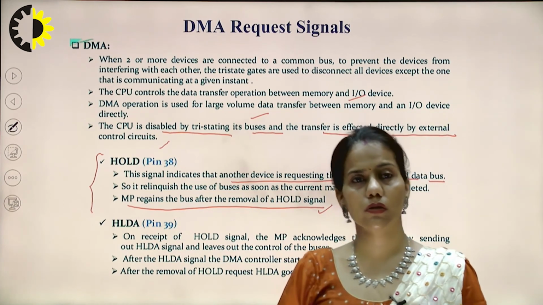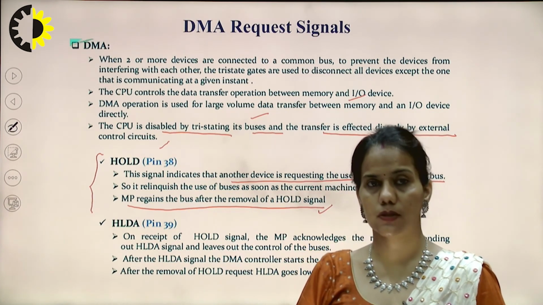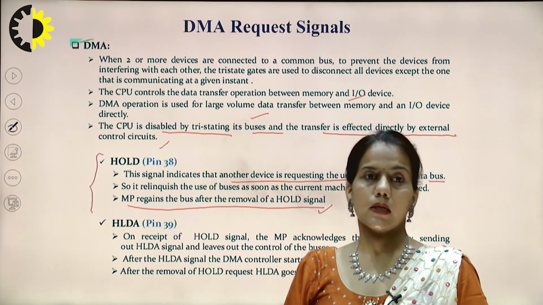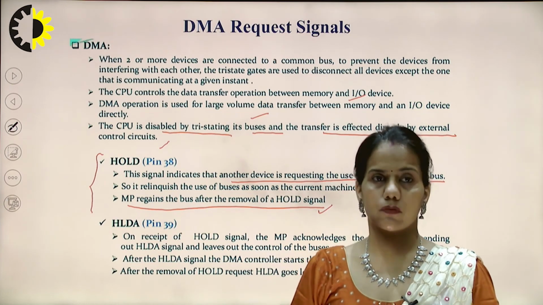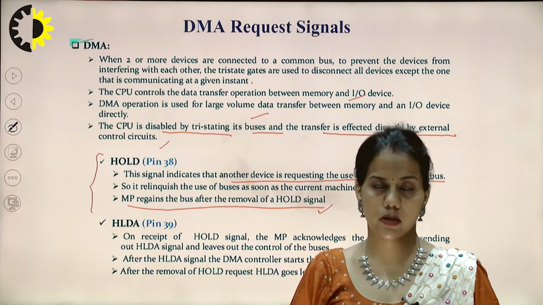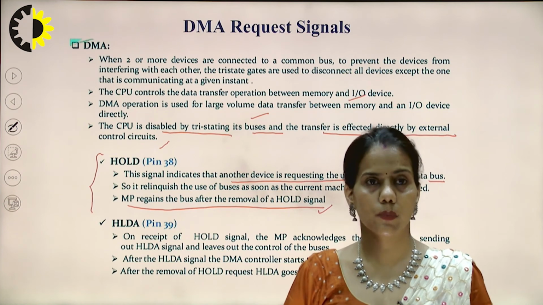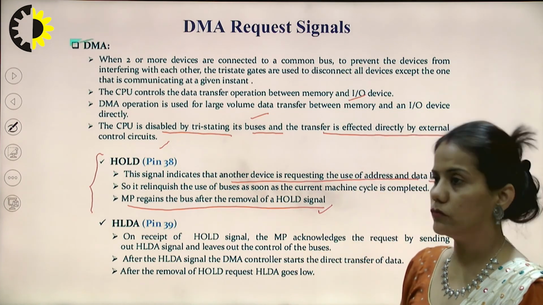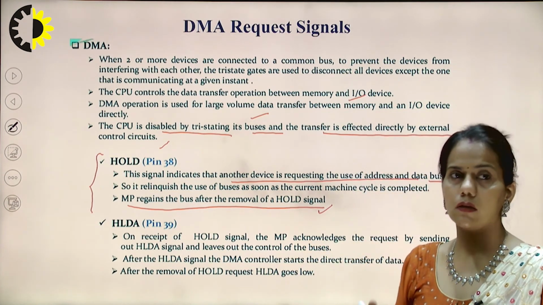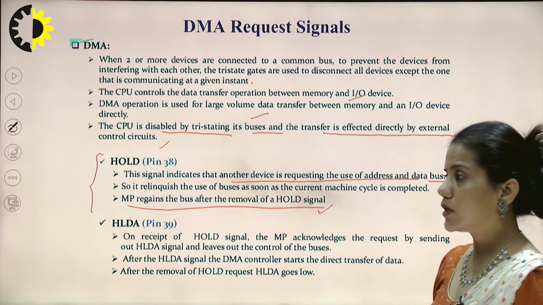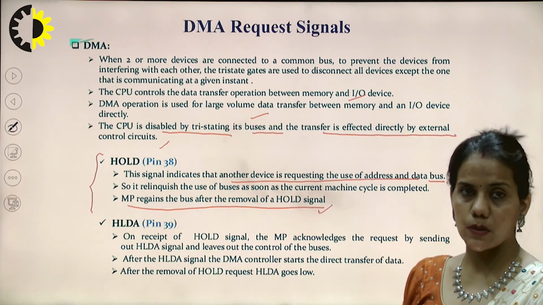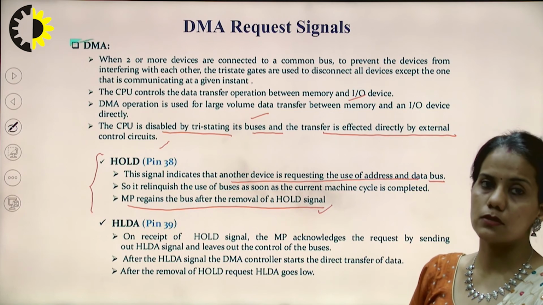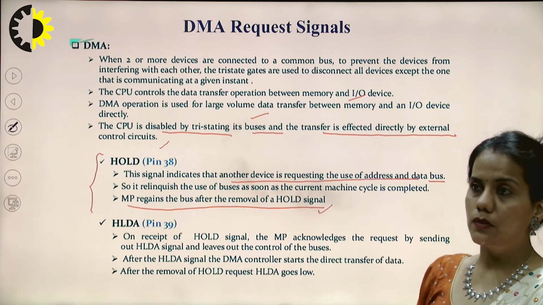When the hold signal arrives, it means that a request from an external device has arrived to relinquish the buses. So the microprocessor will acknowledge the request and give the hold of the buses to the peripheral device.